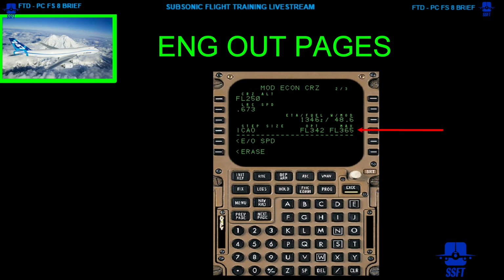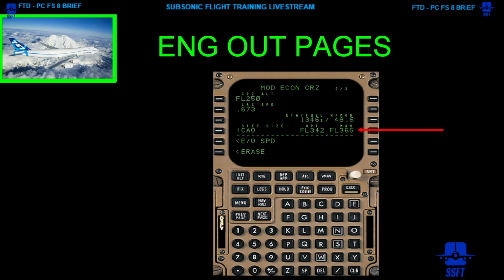So if we happen to be, let's say, at flight level 390, and we executed this, then it would give us a drift down page, and it would say active drift down cruise, and then we could set up a descent and drift down to a lower altitude based on the fact that the maximum altitude is going to be below where we are.